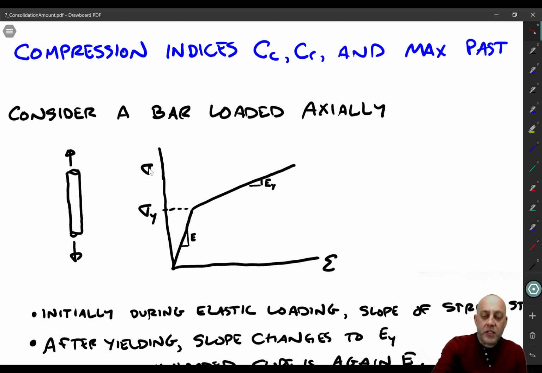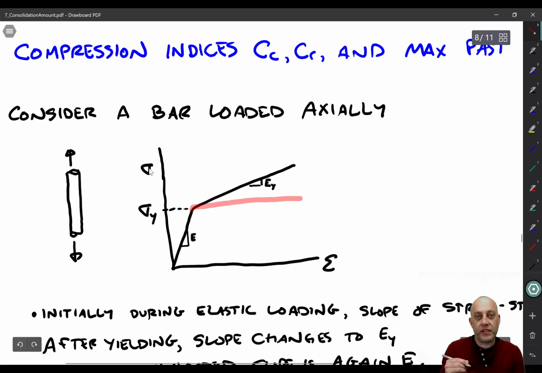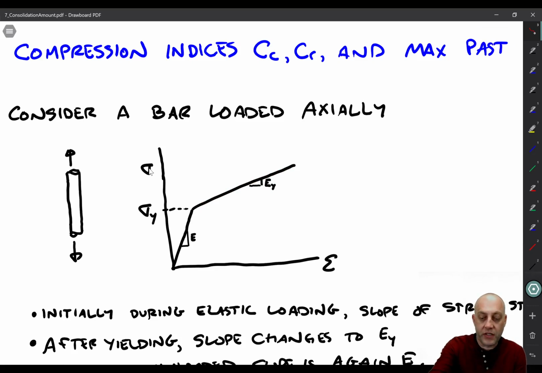A lot of material, after it reaches yield, sometimes just goes flat, like it can't take any more stress. If you continue giving it strain, the stress will just stay the same. But some material does have post-yield hardening, so let's assume that this bar is a material that has some post-yield stiffness.